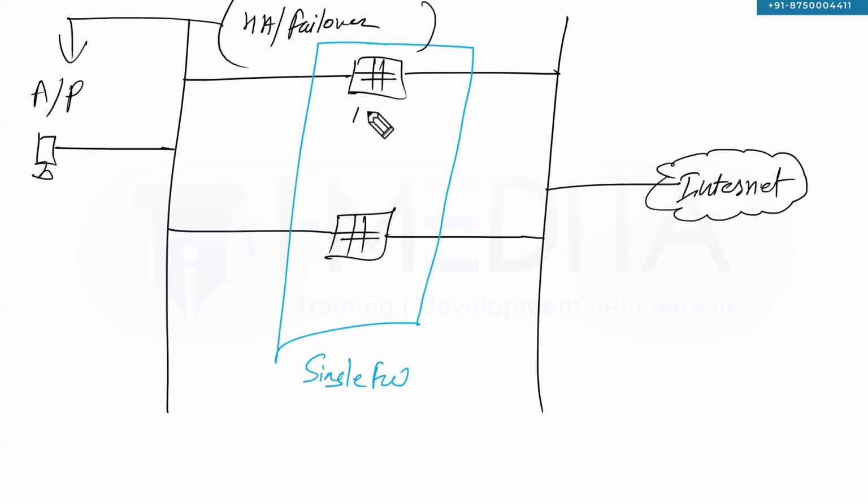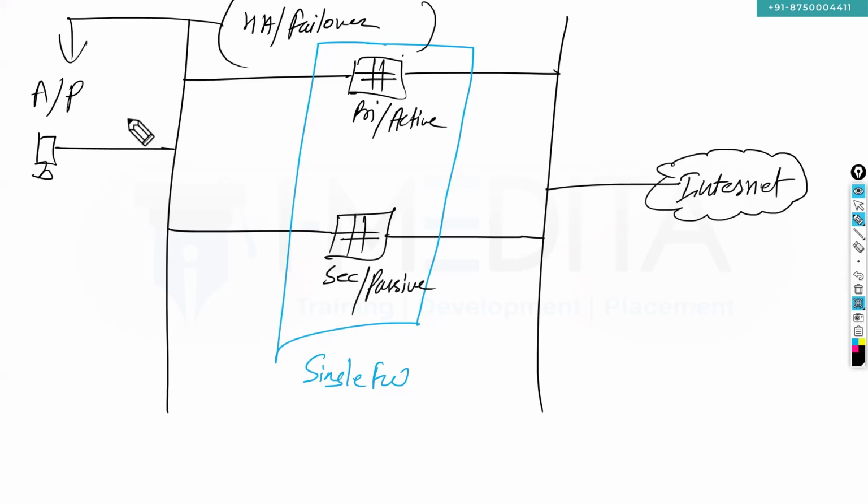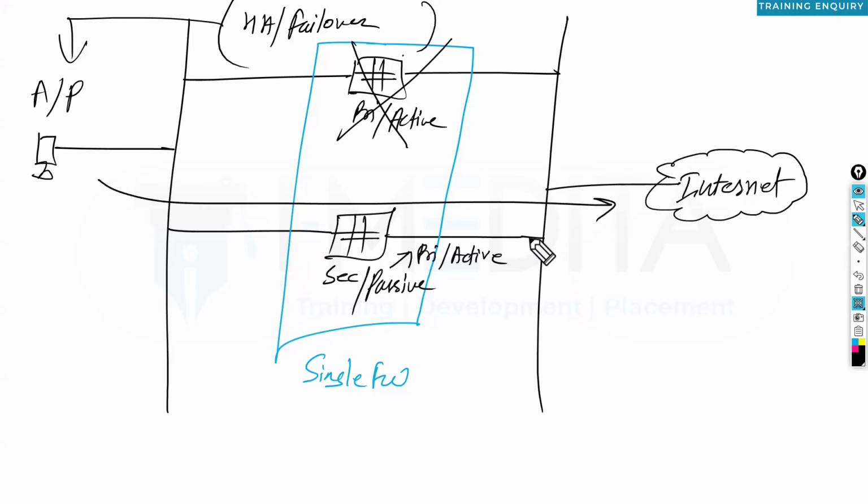In active passive, one firewall remains primary and another remains secondary. The primary firewall will forward the traffic, working as active, and the secondary firewall works as passive. If the primary firewall goes down, then the secondary firewall promotes itself as primary and becomes active. Now the traffic goes via the new active. In active passive, only one firewall forwards the traffic at a time.